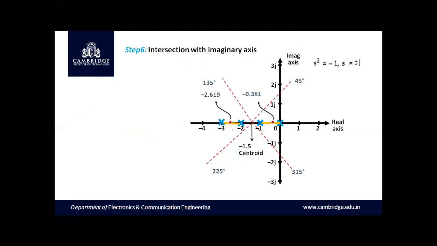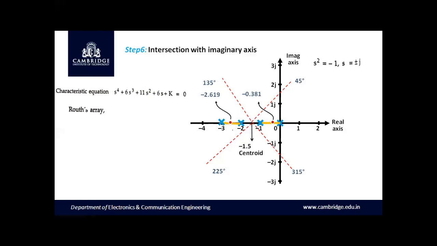Now let us calculate the intersection of the root locus with the imaginary axis. The first step is to write the characteristic equation. We have found the characteristic equation already from step 5, so I can write it directly. The characteristic equation is given by s to the power 4 plus 6s cube plus 11s square plus 6s plus k equal to 0.